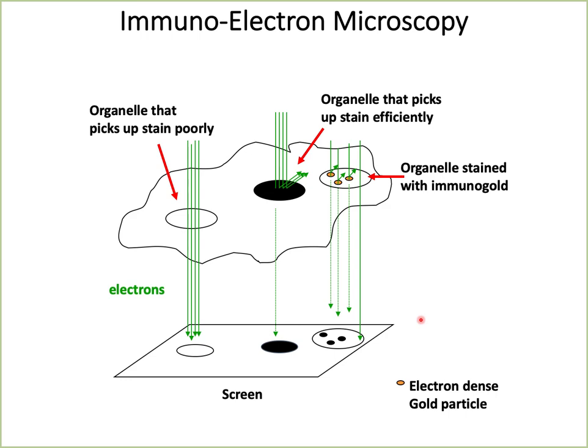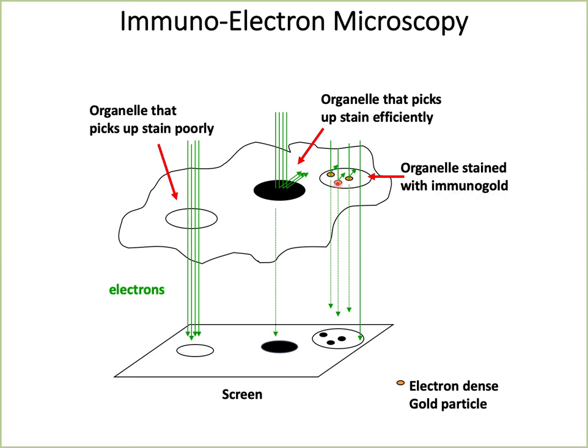Immunoelectron microscopy, on the other hand, is very similar to the technique that we have seen in light microscopy. It is the same way that some organelles pick up stain poorly and are not electron dense, while organelles that pick up the stain efficiently will deflect the electrons. Now, we stain organelles with an immunogold. There will be an antibody, and attached to that will be a gold particle.